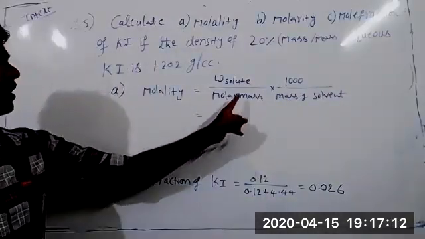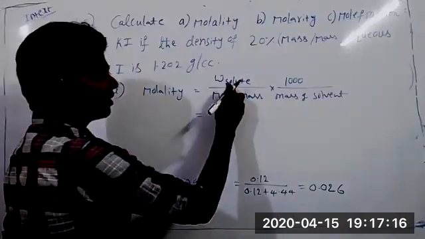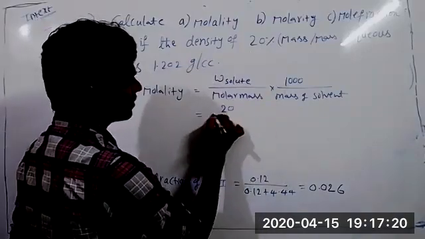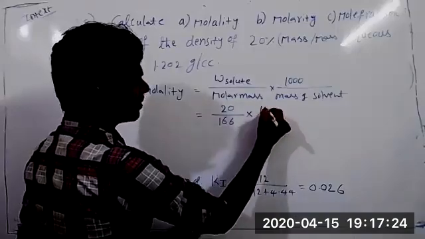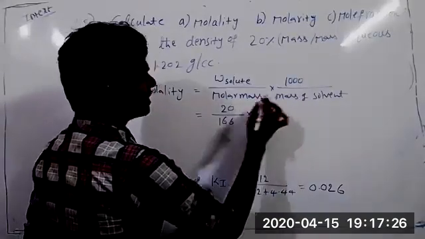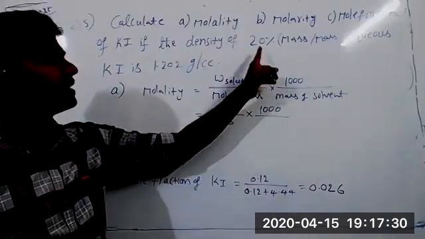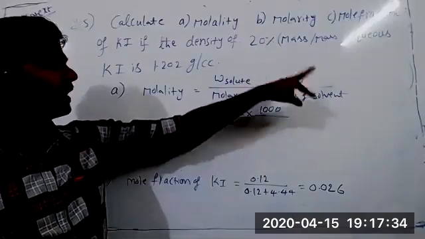Molality is equal to weight of solute divided by molar mass into 1000 by mass of solvent. Already we calculated this value. Solute is potassium iodide, 20 grams, and its molar mass is 166, into 1000 by mass of solvent. Solvent is water. 20% means 20 grams of KI and 80 grams of water.